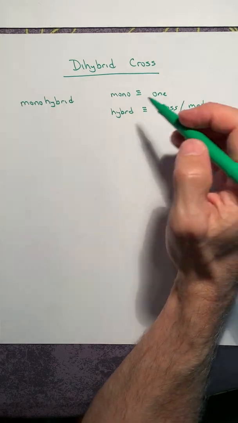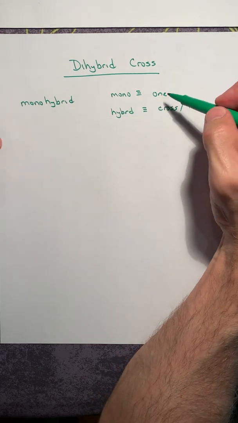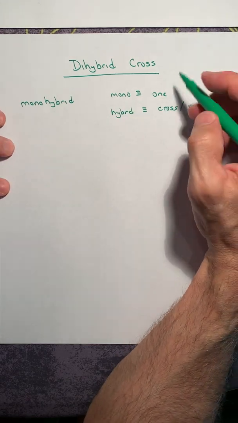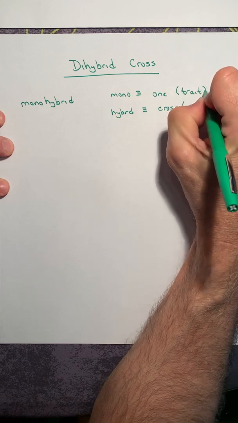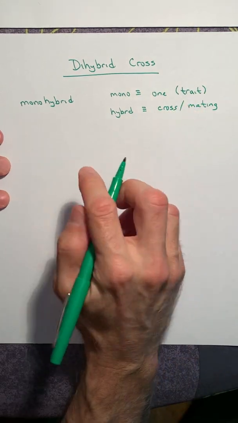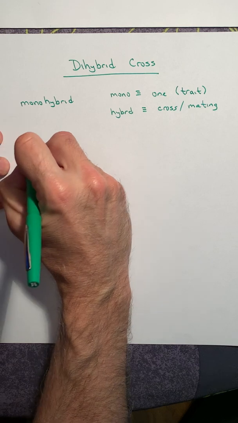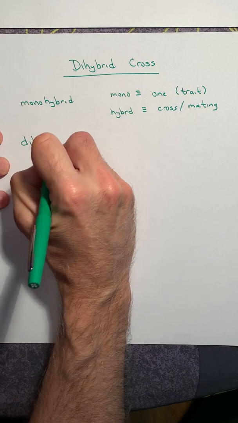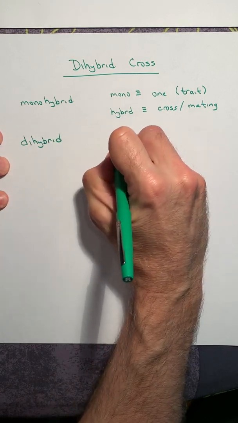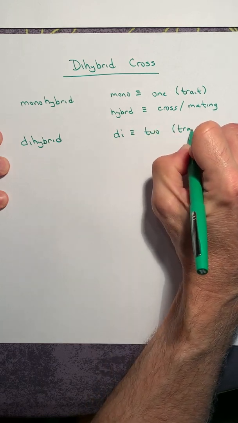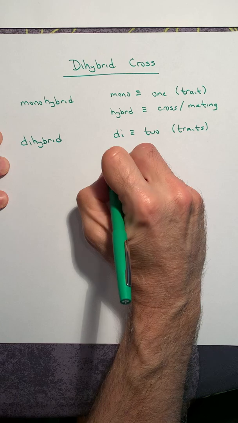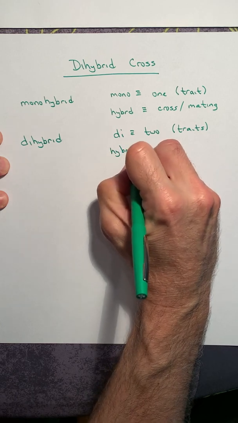So when we do a monohybrid cross, that is a cross or a mating based on one what? One trait, right? So what we're going to look at now is called a dihybrid cross. Of course, di meaning two, so what we're looking at now are two traits, and of course, hybrid still means a cross or a mating.